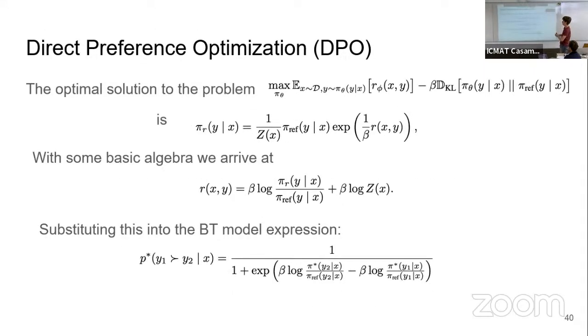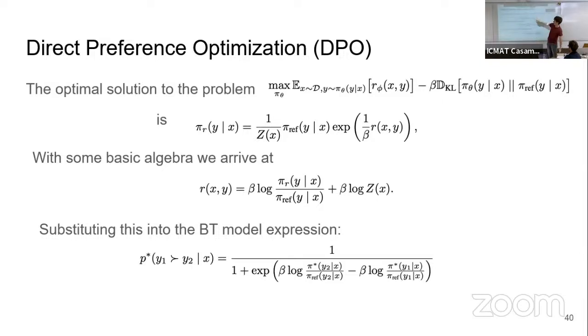I'm just going to review the steps quickly. We have our original problem, which is to maximize the reward subject to the KL constraint. This is the optimal model. It's the Bayesian posterior, from the previous paper I told you about.